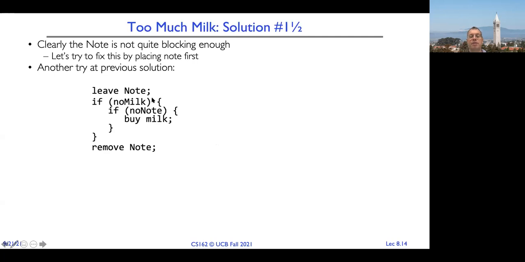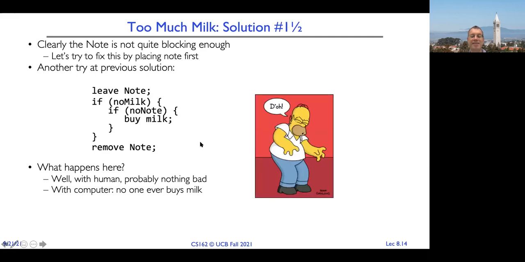If you leave yourself the note, and then you check for the note, there is a note, so you don't buy milk. That's why I was saying this is stupid. So it won't work even for one user. Okay.